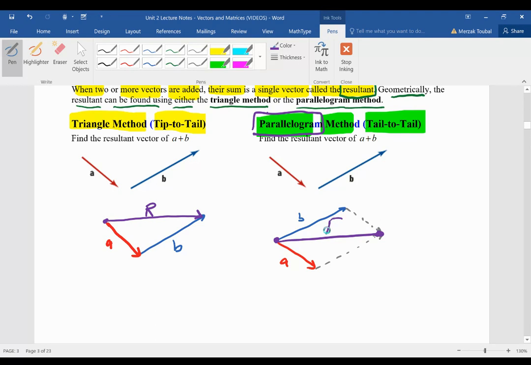And as you see, this resultant vector is the same as that resultant vector. Maybe it looks longer here because I'm not probably as precise. The scale is off a little bit, but in reality, it is the same. All right.